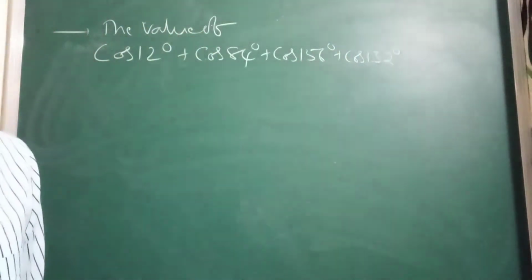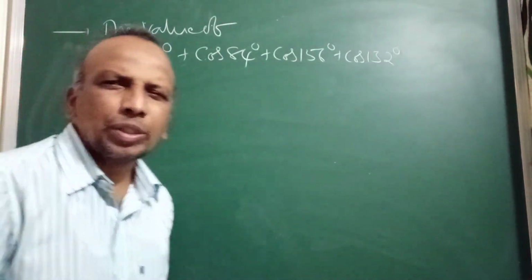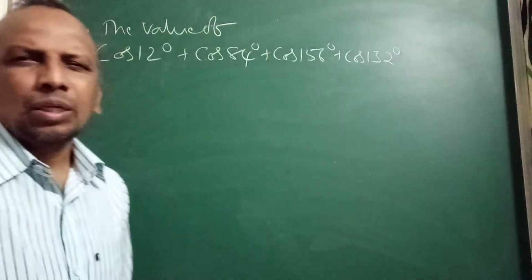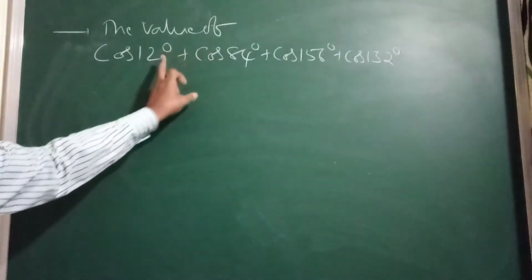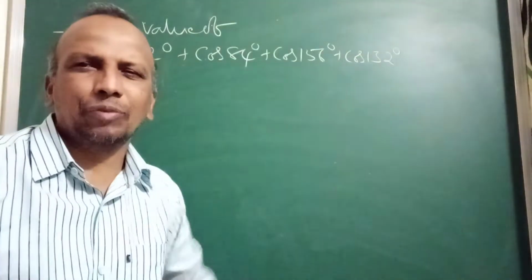They are asking to find that value. So I repeat here, cos 12 plus cos 84, cos 156, cos 132 degrees are given.